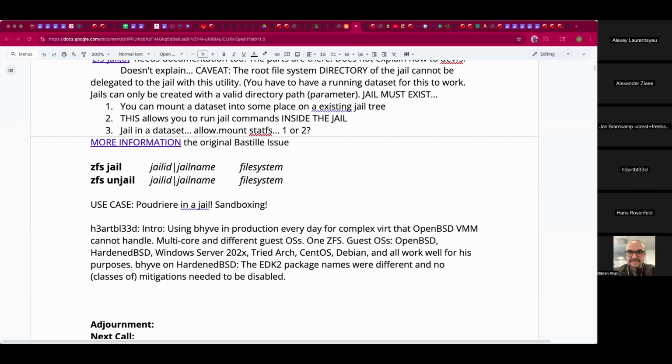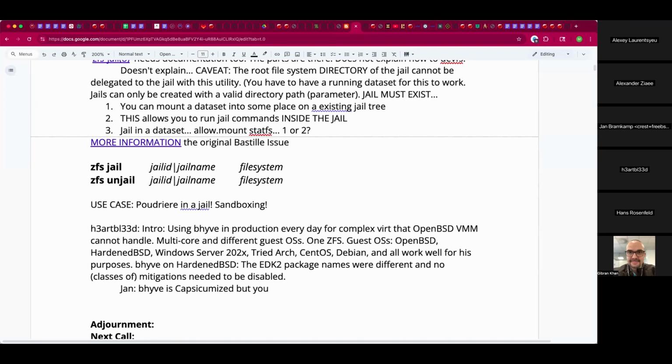And if you really want to, you can then run bhyve inside a jail. So then you're inside a Capsicum sandbox inside of a jail. I've done that, it works well, but it's annoying to configure. The one benefit of doing that is that you get Capsicum for free by default.